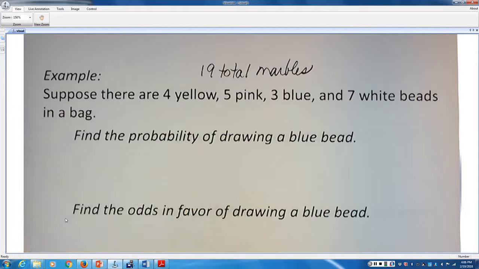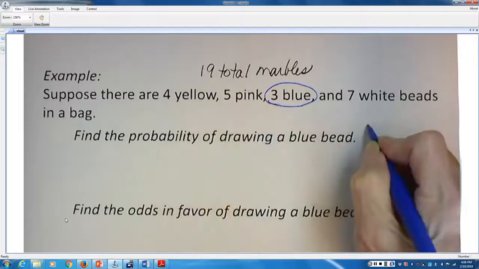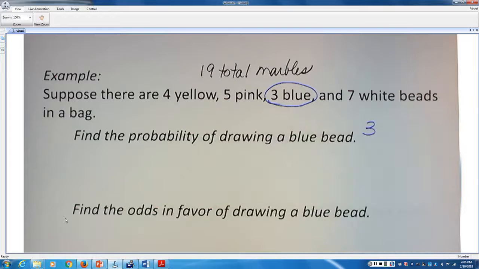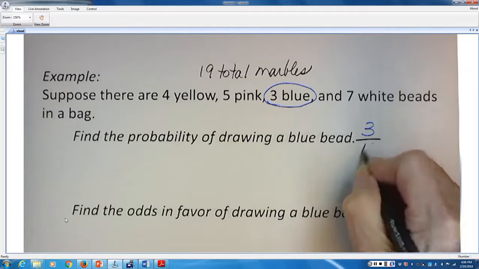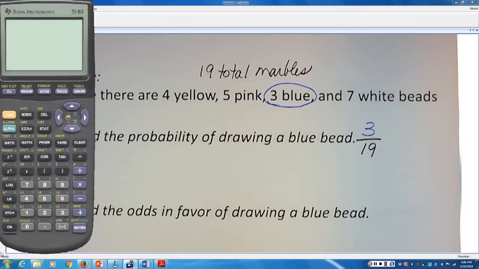Find the probability of drawing a blue marble. Three blue marbles over 19 marbles. Not very good. Not a high probability.